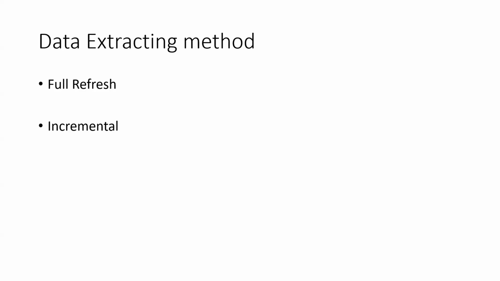For this kind of scenario, we can go ahead with the full refresh. Full refresh means the ETL tool takes all the data from the source systems and pushes it to the target. This is one way of data extracting.